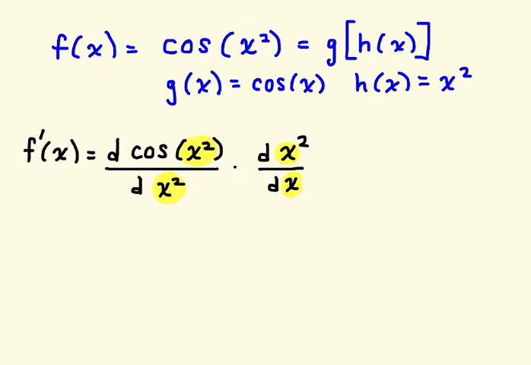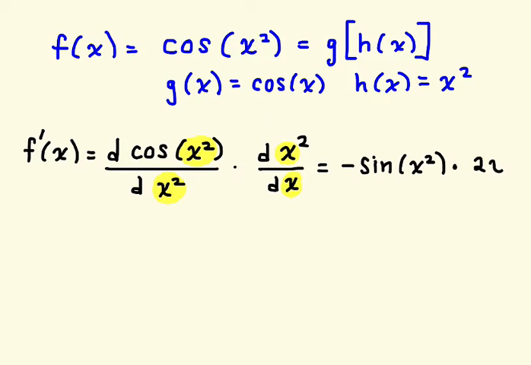So what is this equal to? Well, the derivative of the cosine is the negative sine. So it would be a negative sine of the input, which is x squared, times the next piece, which is the derivative of x squared with respect to x, which is 2x.